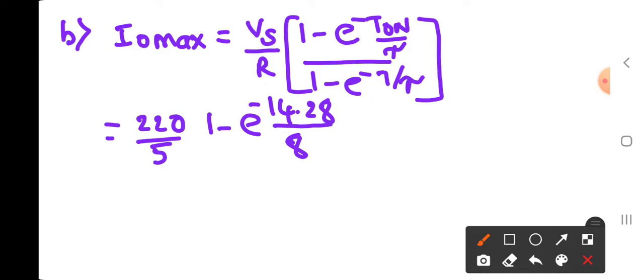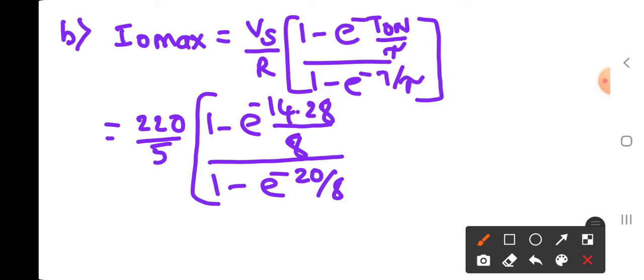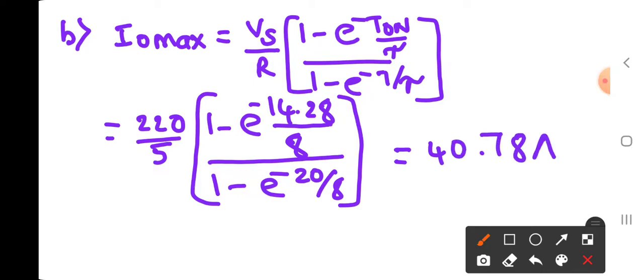Therefore, 10 power minus 3 will get cancelled, divided by 1 minus e power minus 20 by 8. Okay, now calculate this value. This is approximately 40.78 amperes.